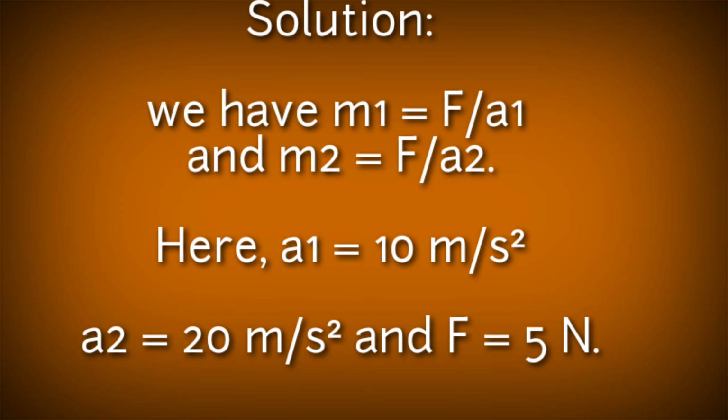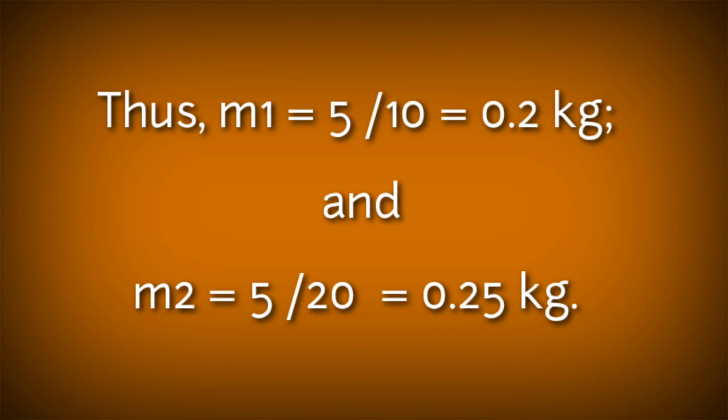Now m1 is calculated, which is equal to 5 by 10, which is 0.2 kg. Now m2 is calculated, which is equal to F upon a2, which is 5 upon 20, which is 0.25 kg.